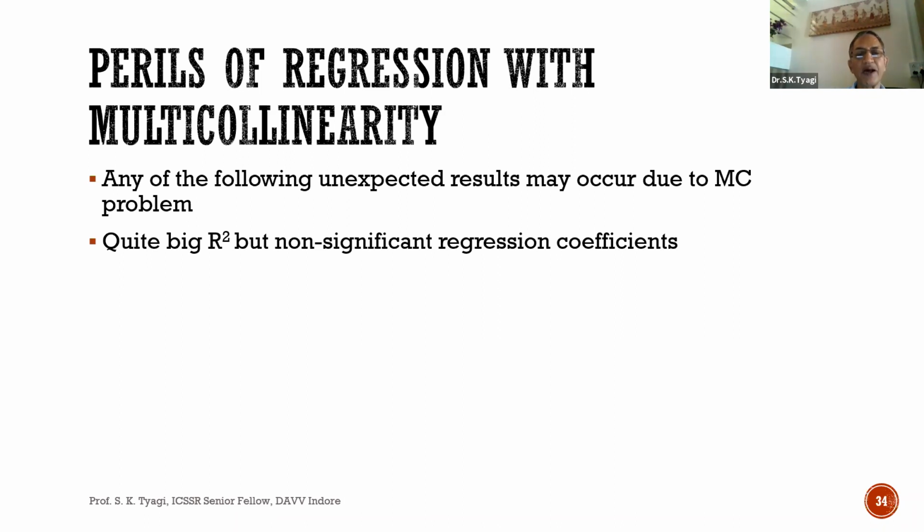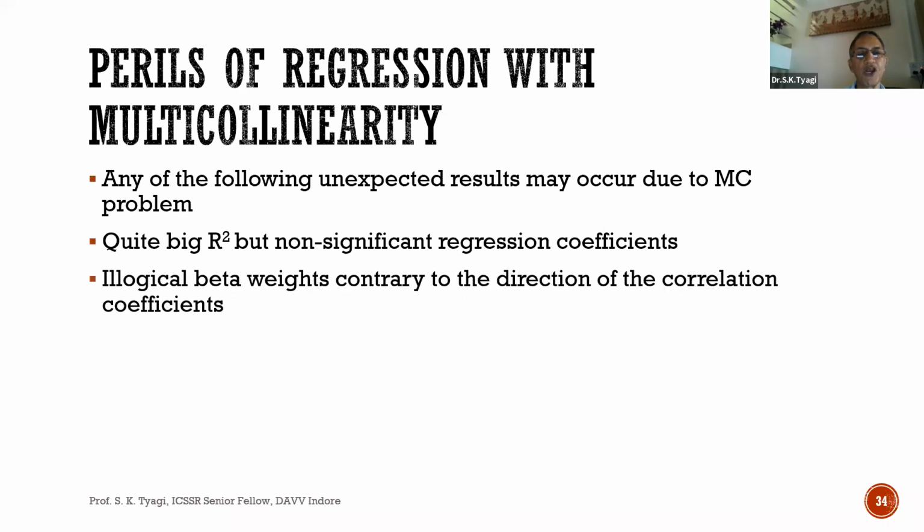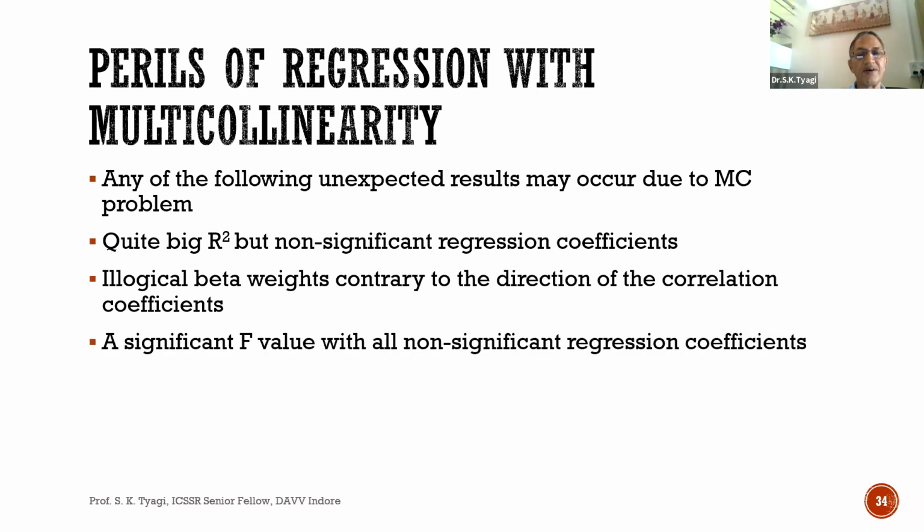You may get quite a big R square. You will find the value of R square is quite big, 0.9, but the regression coefficients are not significant. So you will be at a loss to interpret this finding. Illogical beta weights contrary to the direction of the correlation coefficient: the direction of the correlation is negative and your beta weights are positive. The F value is significant, but none of the regression coefficients are significant.